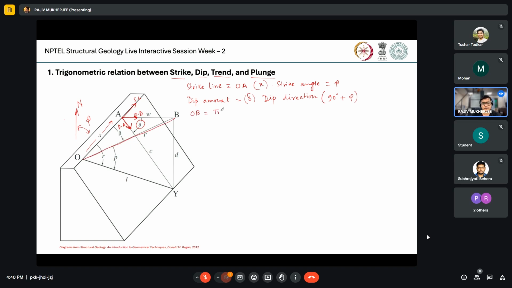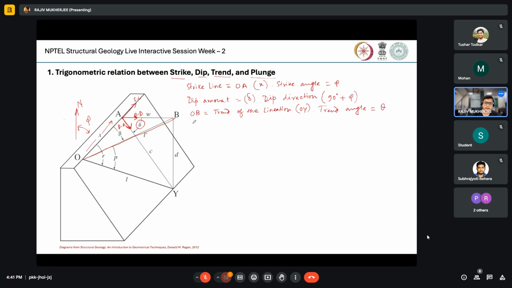OP is the trend of the lineation, right? Now, which one is the lineation? Lineation is the OI. OB is the trend of the lineation, and the trend angle, of course, consider this angle as theta.